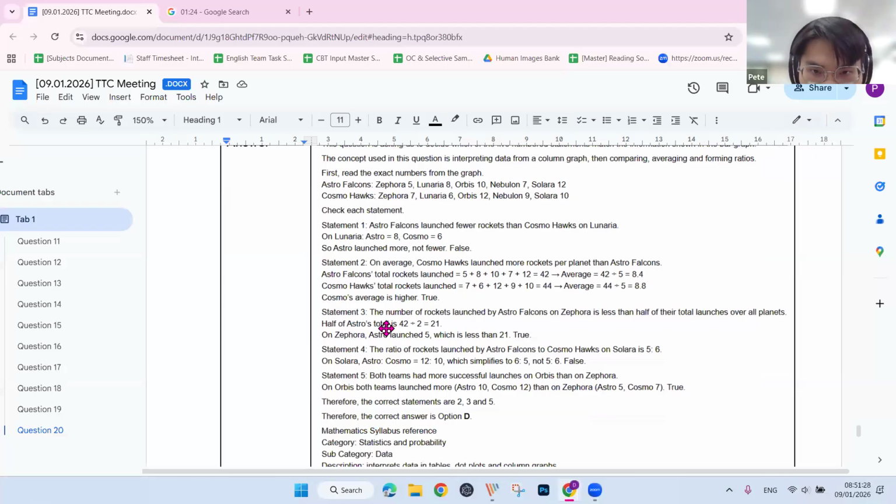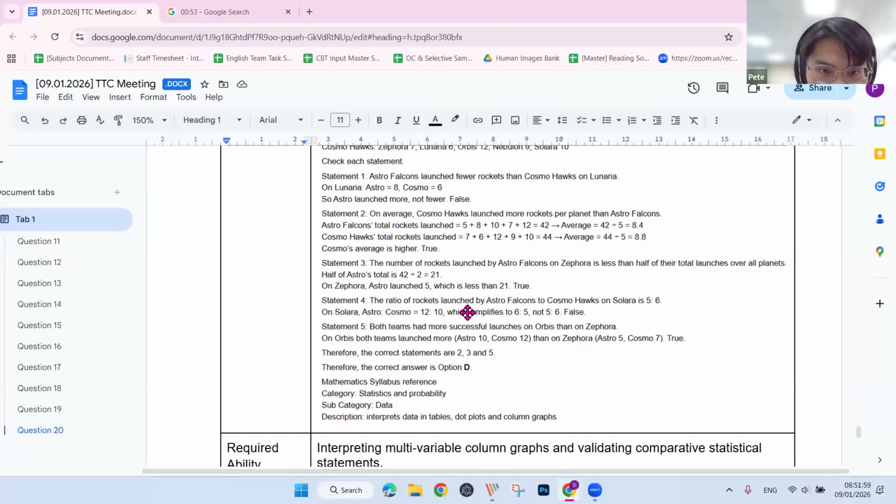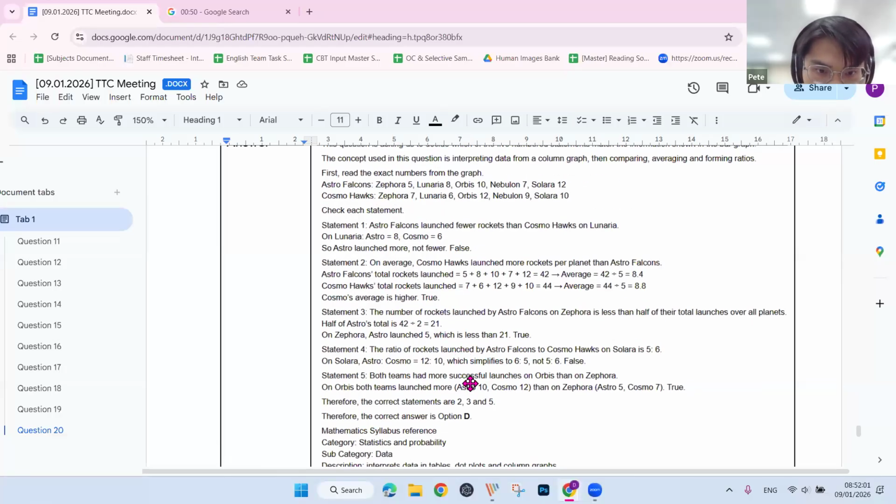Now we check the second statement, which says that Cosmohawk launches more rockets per planet than Astrophagon. This means we need to find the average number of rockets launched. Astrophagon's average is 8.4, and Cosmohawk's average is 8.8. So this statement is true.